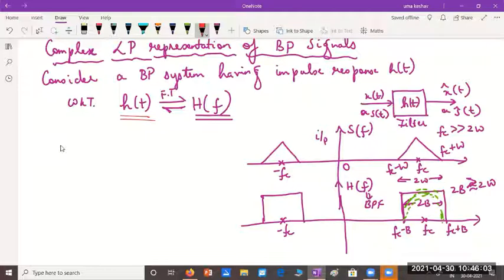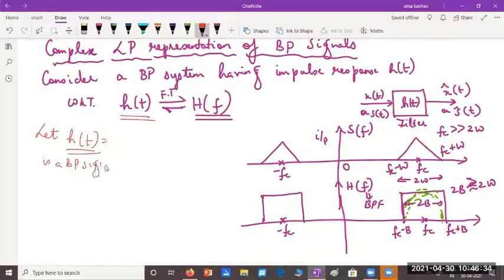Okay. So let me consider h of t. Now is h of t a bandpass signal? Yes or no? I've shown you it should be a bandpass filter. H of f is a bandpass filter, which means naturally h of t is a bandpass signal.